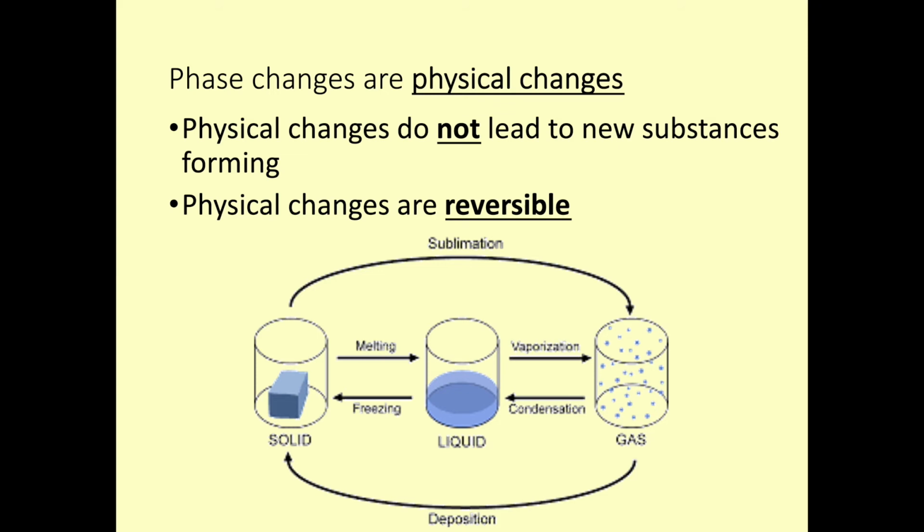So going from left to right in this diagram, the particles are gaining more energy, so they have more energy to be moving around. Going from right to left, gas to liquid to solid, they don't have as much energy, and so they're not moving around as much.